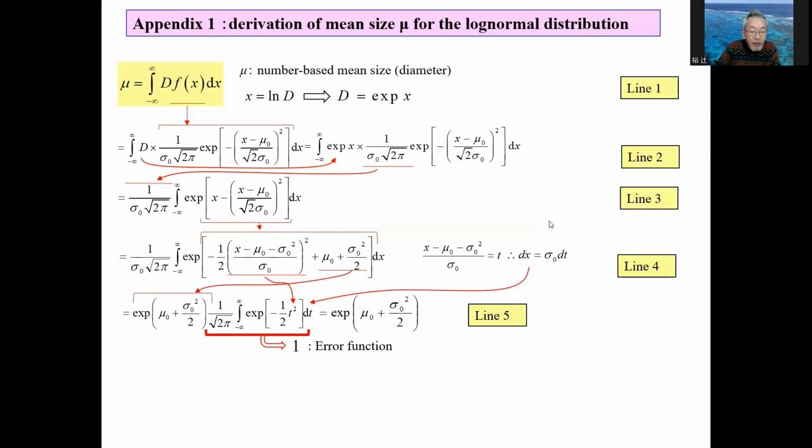The expression on the first line becomes the second expression on the fifth line. If you transform it further, it becomes the first expression on the sixth line. From the relationship shown below the sixth line, exponential mu0 is d50. So finally, we get the second expression on the sixth line.